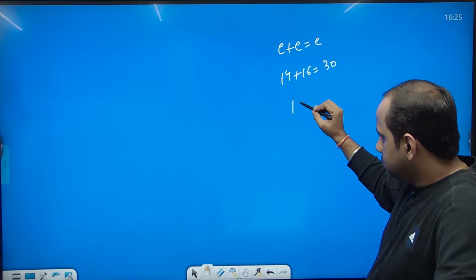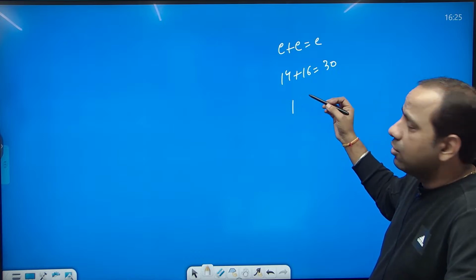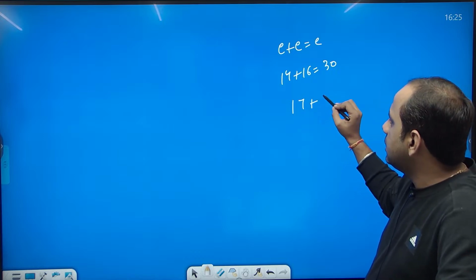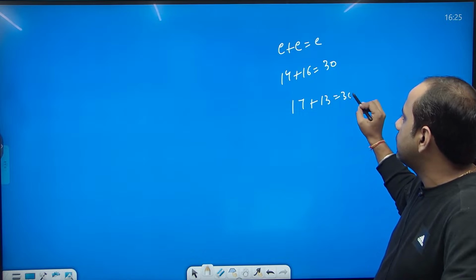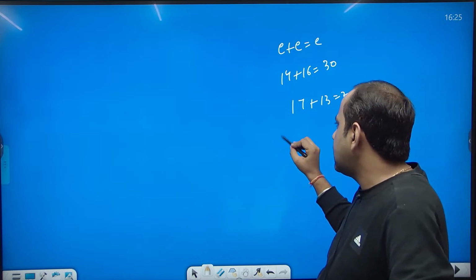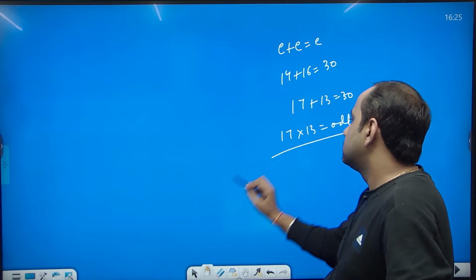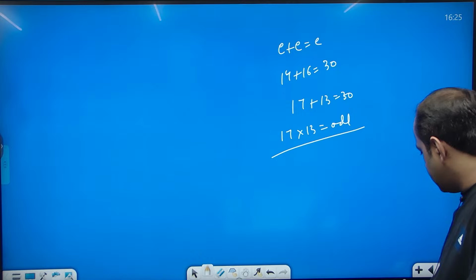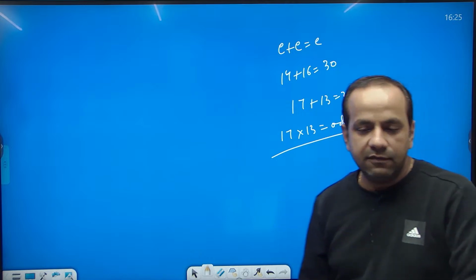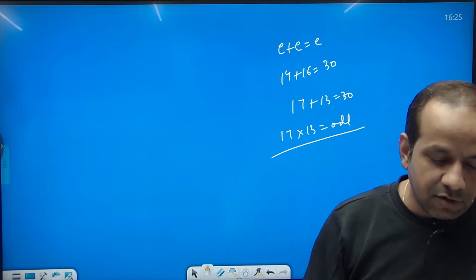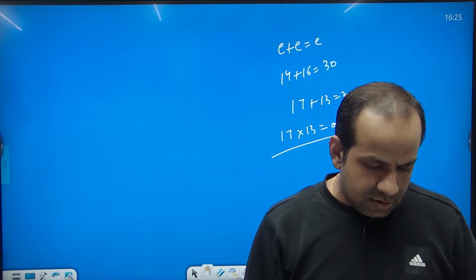But if you add odd and odd, 17 and 13, we are again getting an even number. But if you are multiplying odd and odd, we are getting an odd number. Okay, even plus even will be even, but odd into odd is odd.